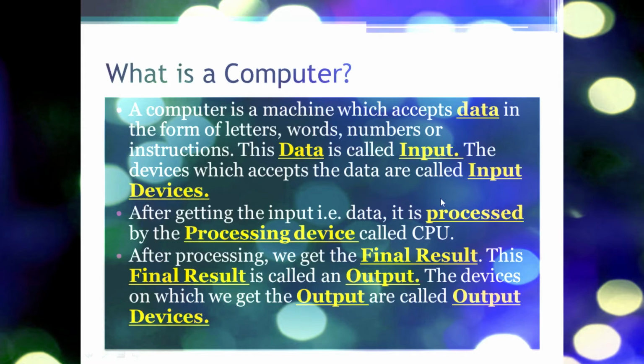After getting the input, the data gets processed, and there is only one processing device, we call it the CPU. After processing the data, we get the final result, also known as our output. The devices on which we get the output are called output devices.